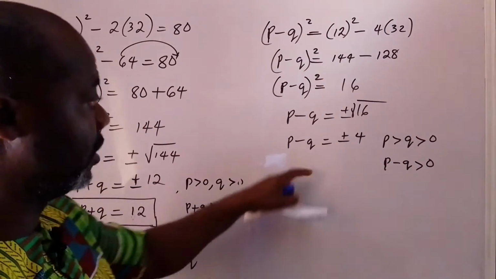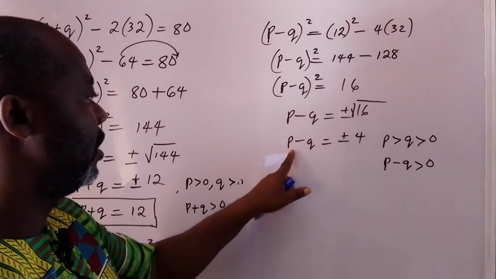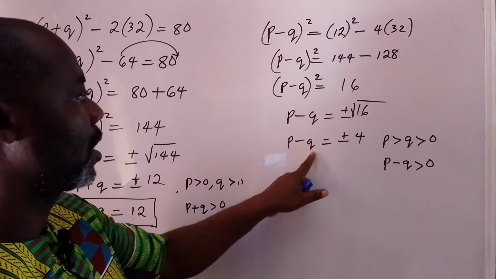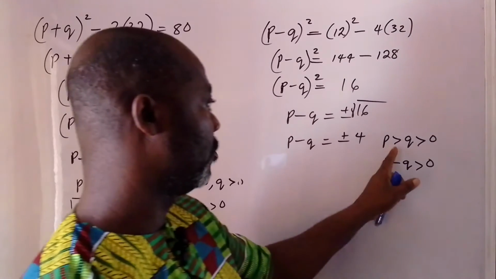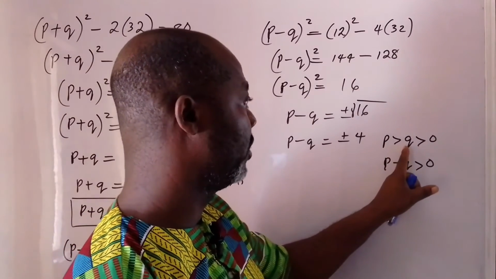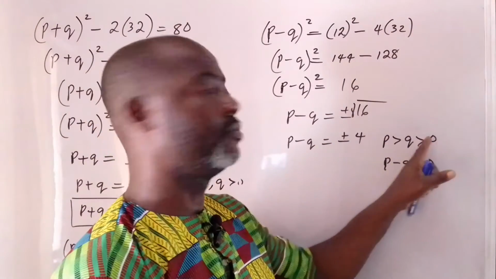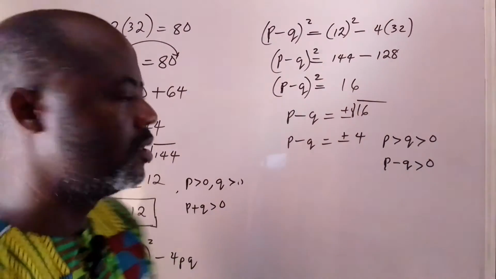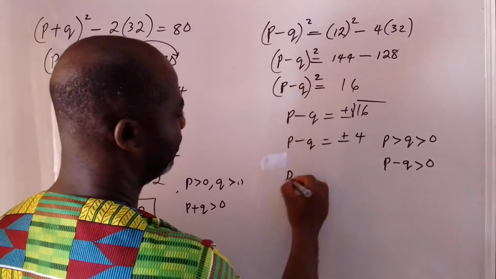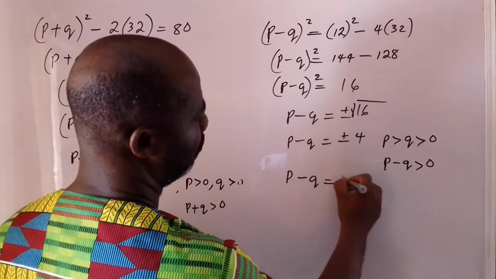Of course, there's a difference here, so p minus q will always give us a positive value. Therefore p has to be greater than q, and q also has to be greater than 0, and so the difference between them will be greater than 0, and so we go for the positive value, p minus q equal to 4.